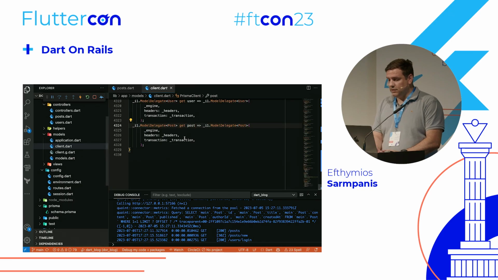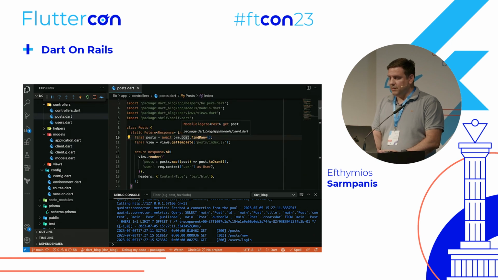If we drill into that, you will see that it has its own generated code that we can barely understand, but it returns a post. A post is what we want, right? And after the post, we do a find many, and with find many, what we do is we get all the posts from the database.